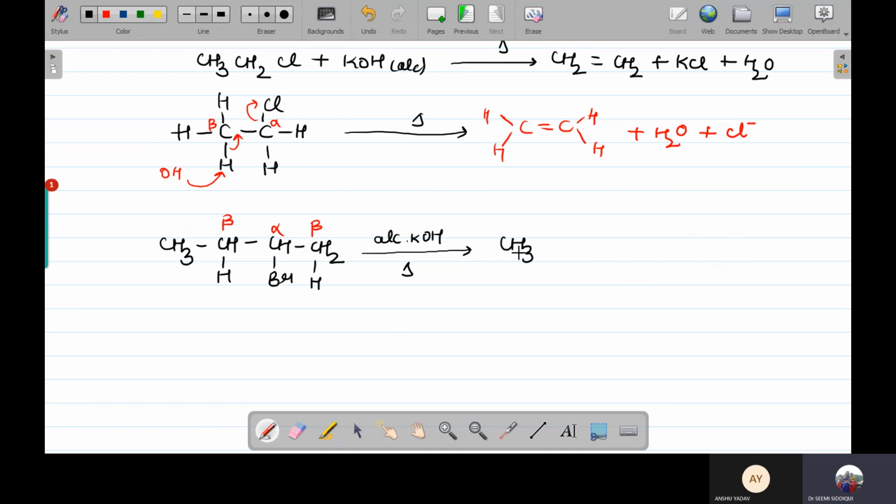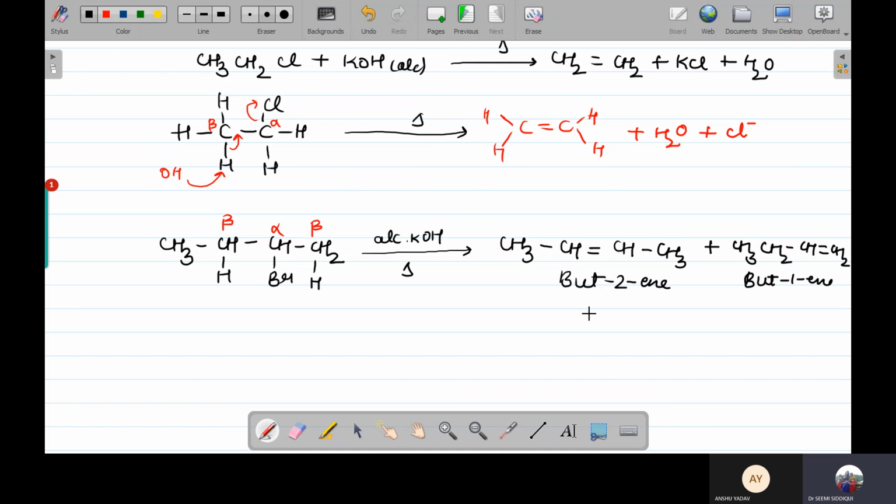If we are getting that from this carbon atom the beta hydrogen is coming out, this will be the product but-2-ene, and if from another one, then CH3, CH2, CH, CH2, that is your but-1-ene.